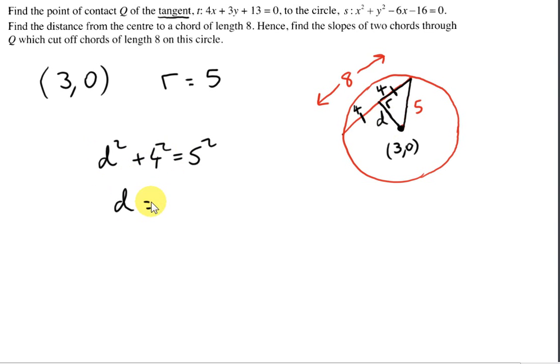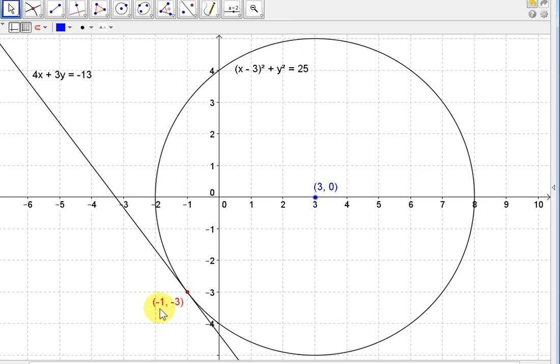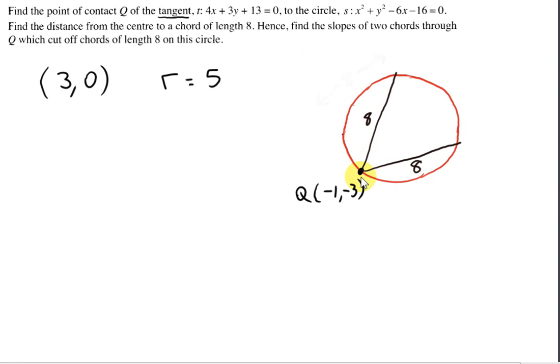We can solve for d, and we get d equals 3. Next, we need to find the slopes of two chords through point Q, which cut off chords of length 8 on this circle. Q, remember, was the point of contact of the circle to the tangent. Q has coordinates -1, -3. So basically we want to find the slopes of these two lines.